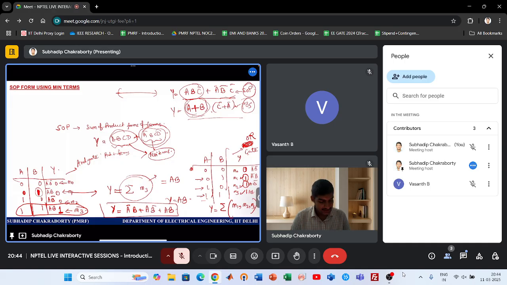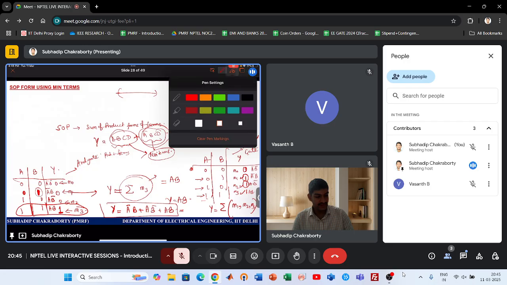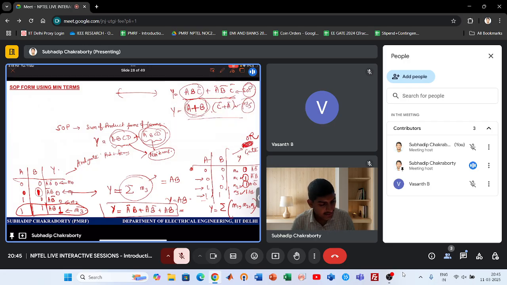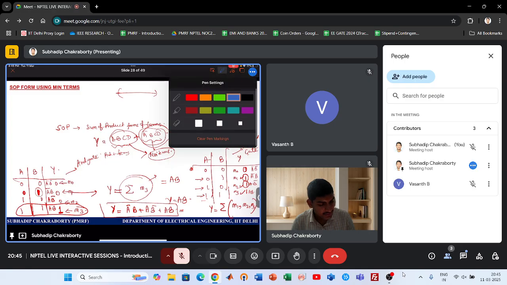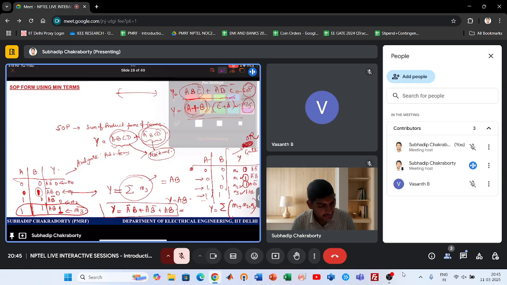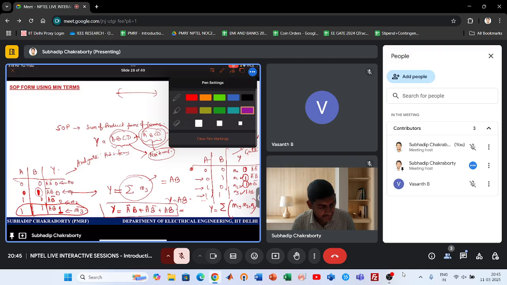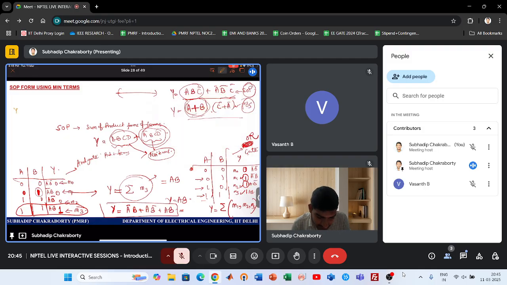I want some answers, so I will do it with a different color. So now the problem comes to simplify. So Y equals A bar B plus A B bar plus AB.